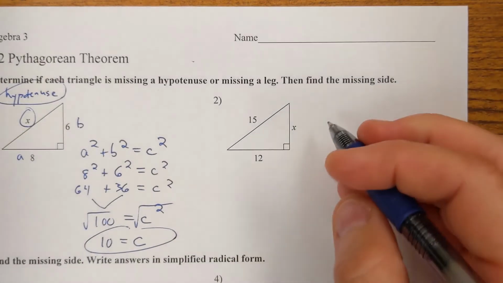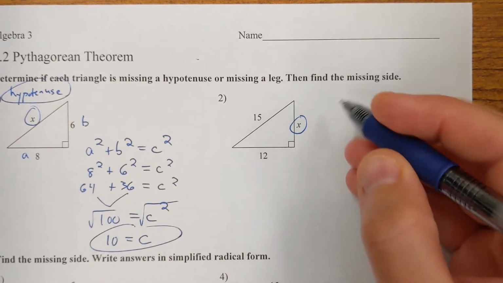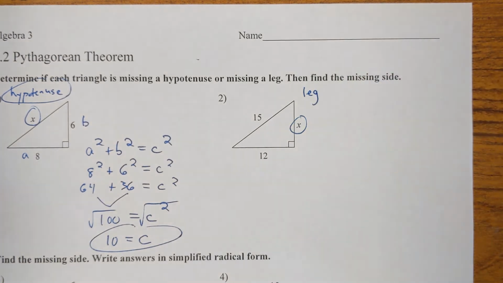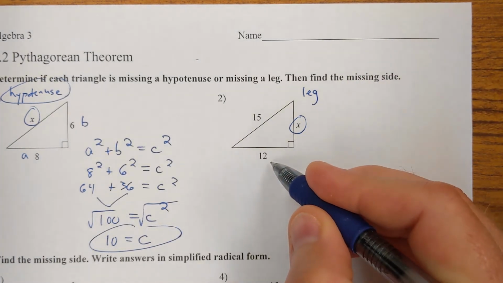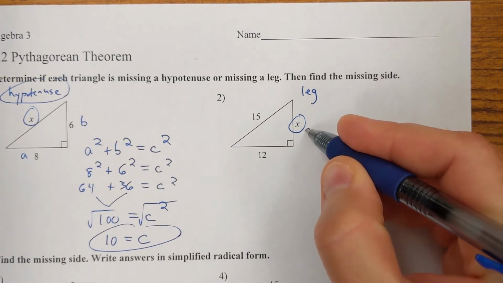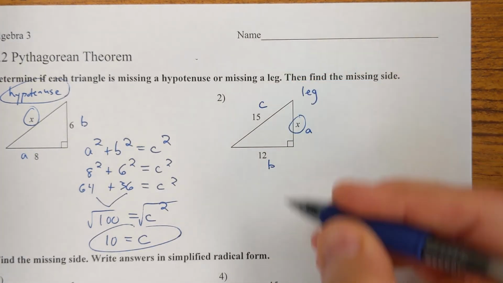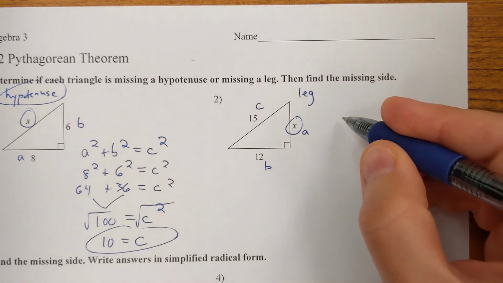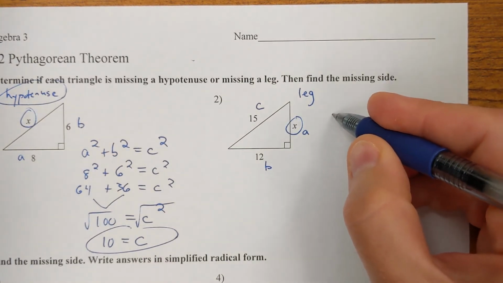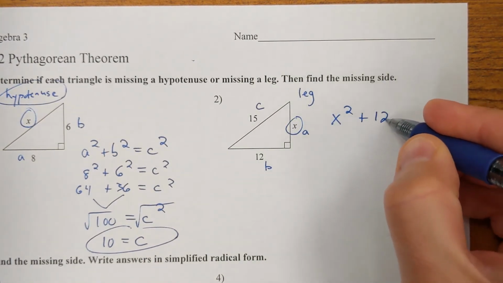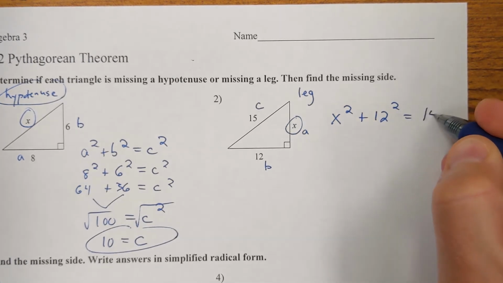Now, in number 2, you'll notice we're missing a leg. So here I'm still going to label. I'll call this A and this B. These are interchangeable, it doesn't matter. I'll call the 15 a C. So now using the Pythagorean theorem, A squared plus B squared equals C squared.